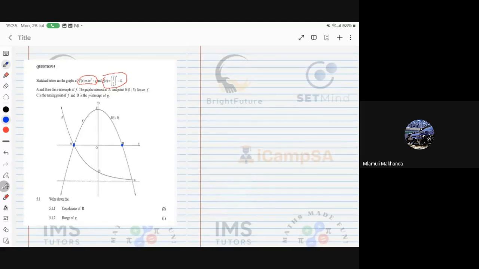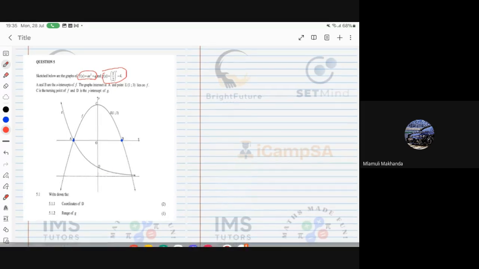Point e, it's 1. Oh, okay, and point e lies on the f. I thought they also intercept here, so that's why I was a little bit confused. But point e lies on the f function, on this graph. This is our point e there, and c is the turning point of f, and d is the y-intercept of g. This is our d.